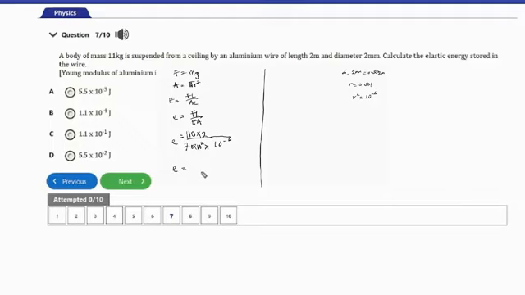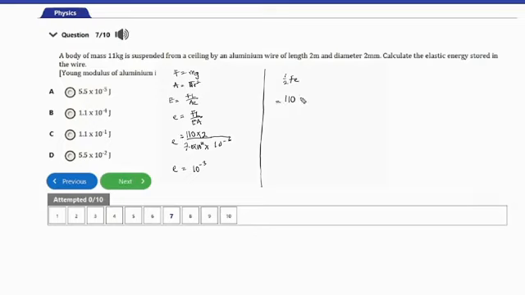So when we input all these and calculate, we are going to have 10 to the power of negative 3. So in that case, since the elastic energy stored in the wire can be calculated as half Fe, we're going to have half Fe, with F being the force here, which is 11 kg times 10 meter per second squared.